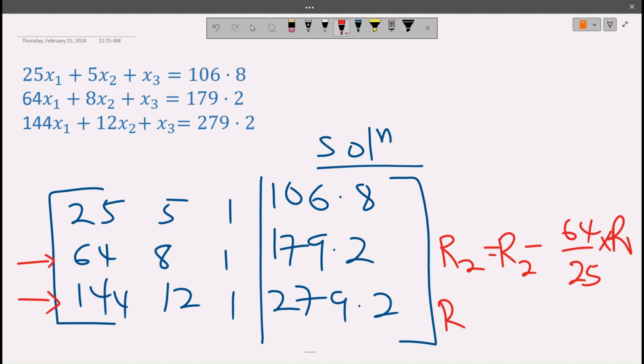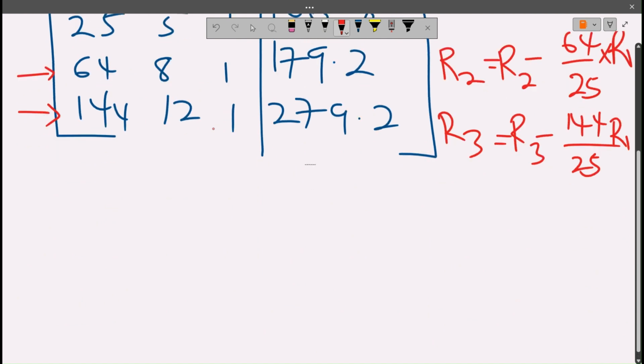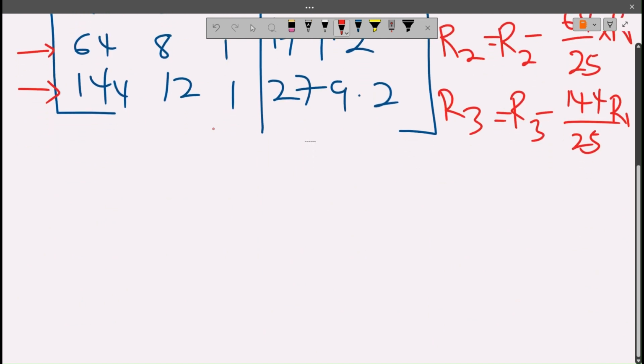For row 3, our multiplier is 144 over 25 multiplied by row 1 subtracted from row 3. So we have our new augmented matrix as follows, where the first row is going to be maintained.